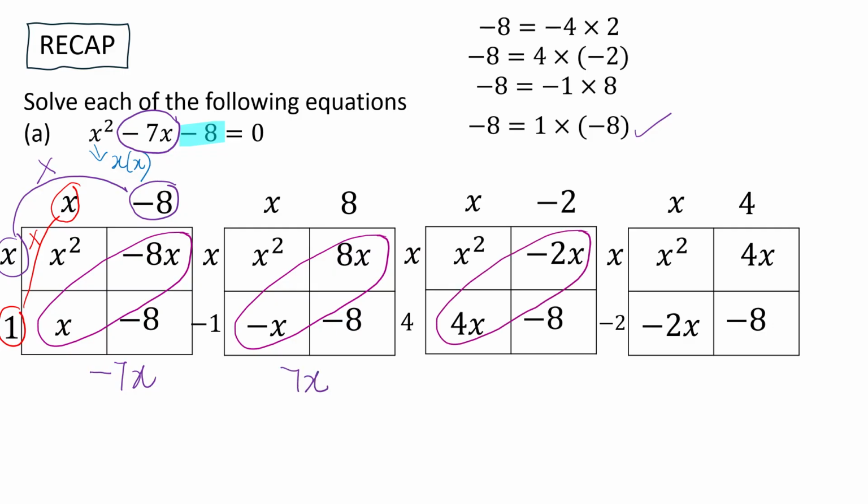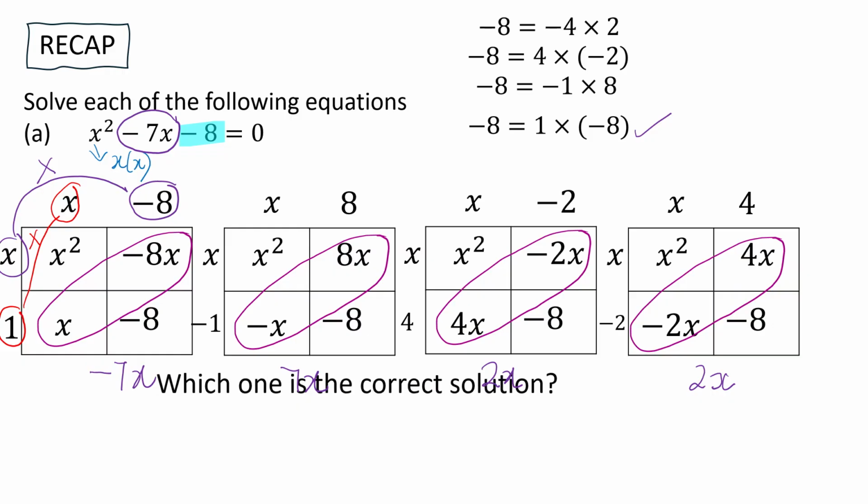Third one, 4x minus 2x will give you 2x. And then the last one will give you 2x also. So which one is the correct answer? Yes, the correct answer will be the first one. Right, that will be the correct answer.